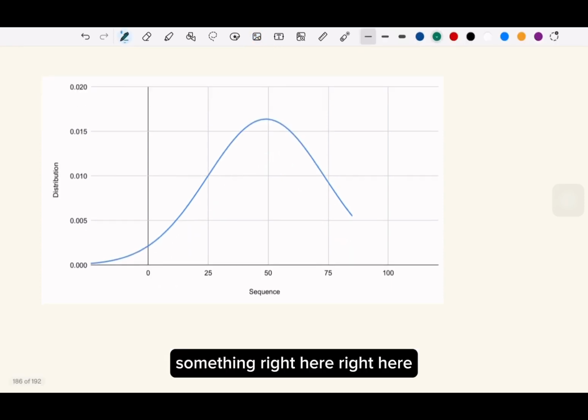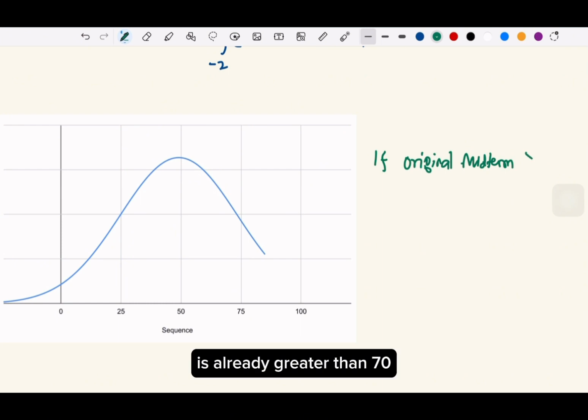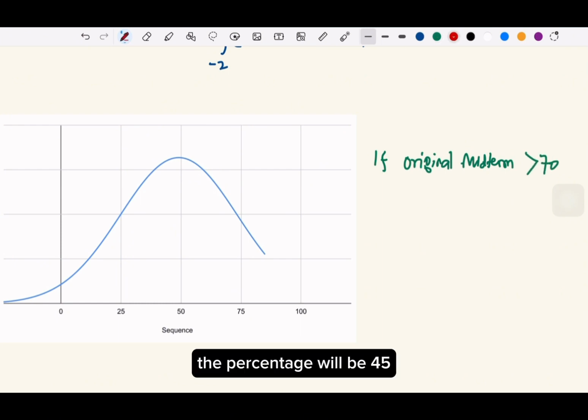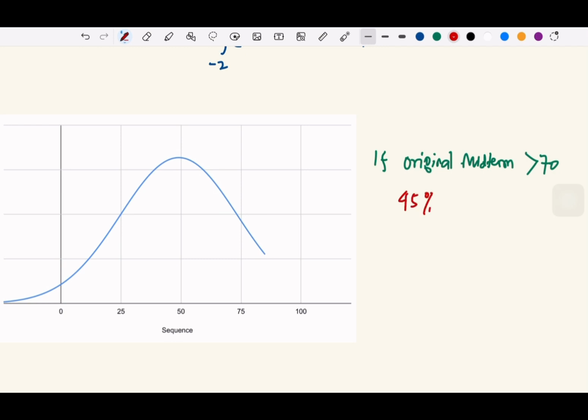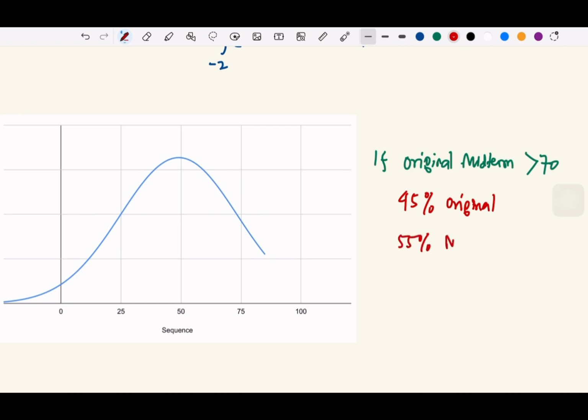So maybe right here: if the original midterm is already greater than 70, the percentage will be 45% original if you take the makeup exam, and 50% makeup.